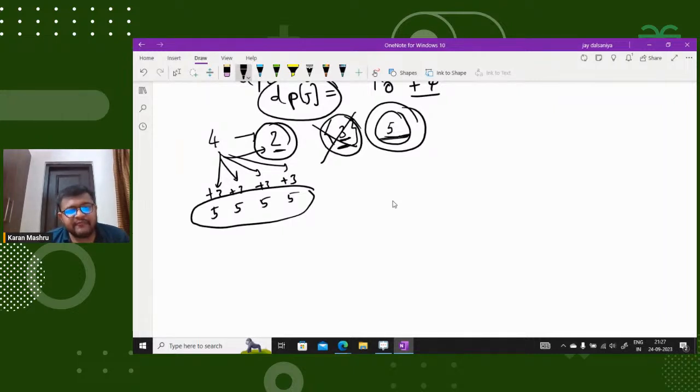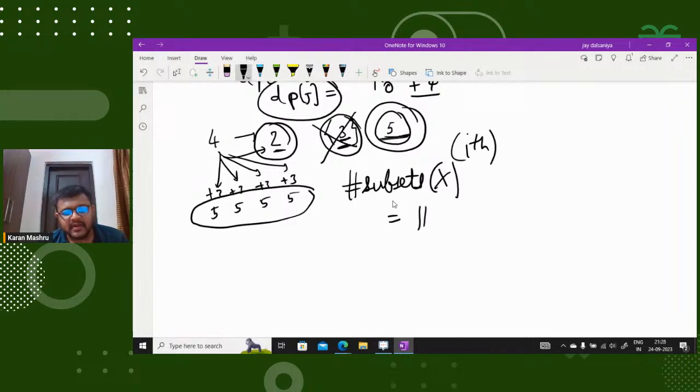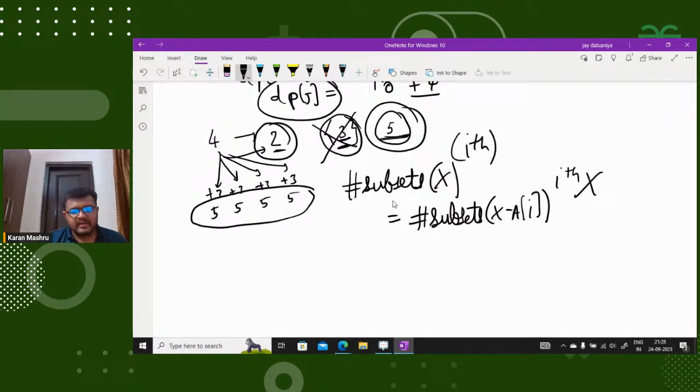So can I also say the number of subsets whose sum is equals to x, considering the ith element, is same as number of subsets whose sum is equal to x minus a of I, not considering the ith element, right?